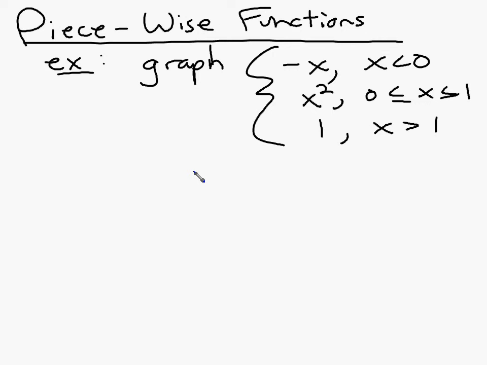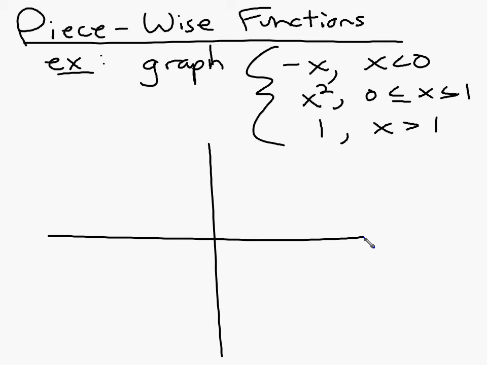So let's see how to graph this thing. Well, we have to graph it in pieces. Okay? So I'm going to make a graph, and I'm going to start with the first piece being this one. It says that it's just a regular linear function going through 0, but it has a slope of negative 1. Okay, so let's think of what that looks like.